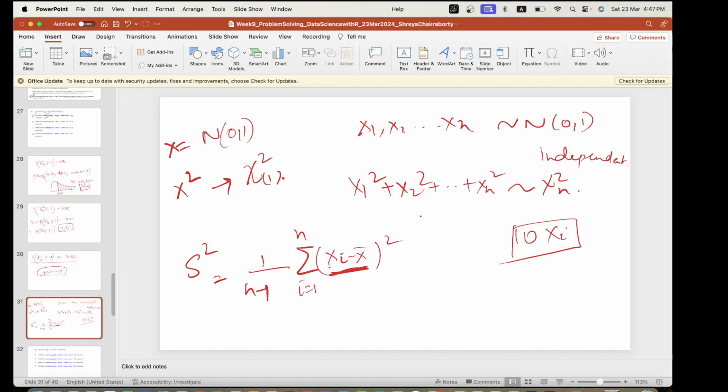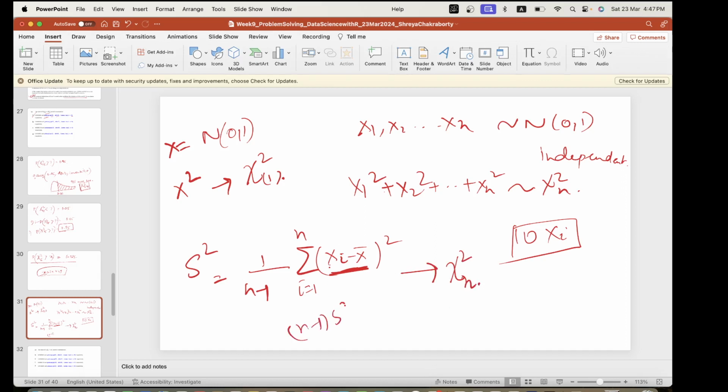Technically this should also follow a chi-square n, with some transformation.